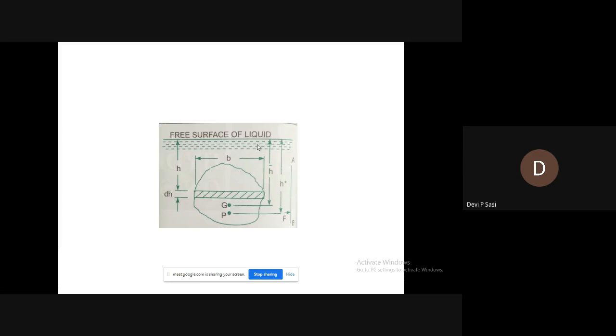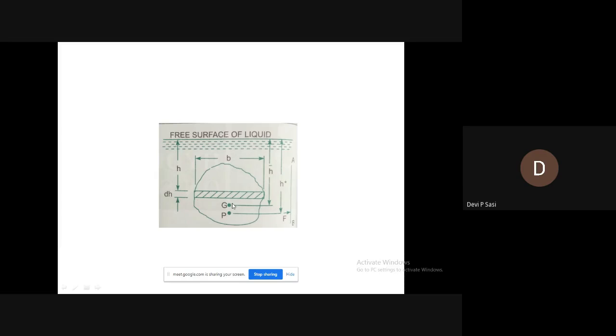h bar means it is the distance of center of gravity. Here you can see center of gravity represented by G. So h bar is the distance of center of gravity from the free surface of liquid. Here you can see the free surface of liquid as well as the center of gravity.